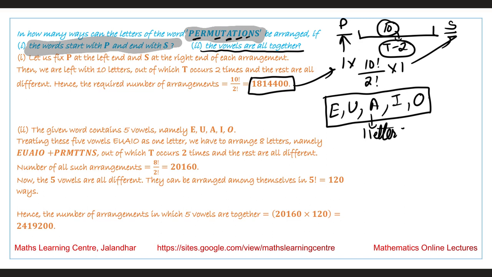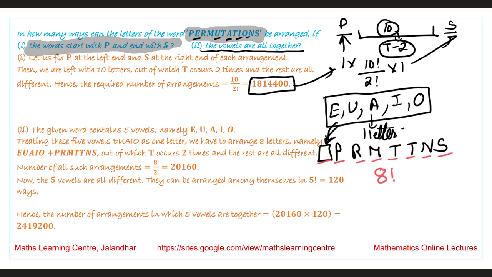So the different letters we have now are P, R, M, T, T, N, S, and one letter which is all the vowels together. So the total number of letters we have now is 1, 2, 3, 4, 5, 6, 7, 8.